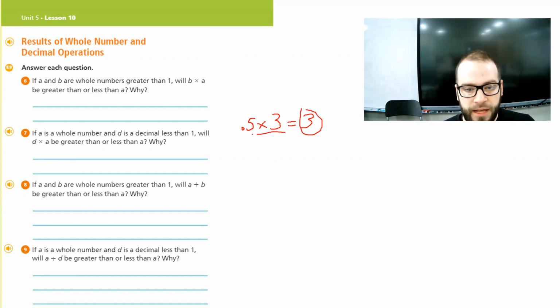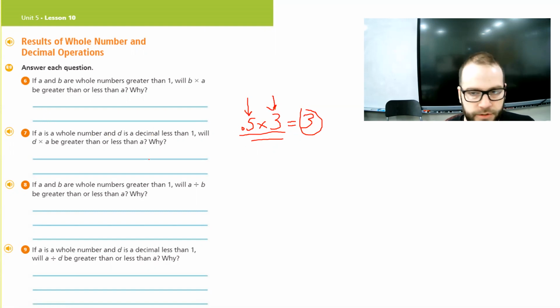So is the answer bigger or smaller than 3? Let me make sure that this makes sense. If A is the whole number, there's your whole number, and D is a decimal, there's our decimal, will D times A, decimal times whole number, be bigger or smaller than 3?